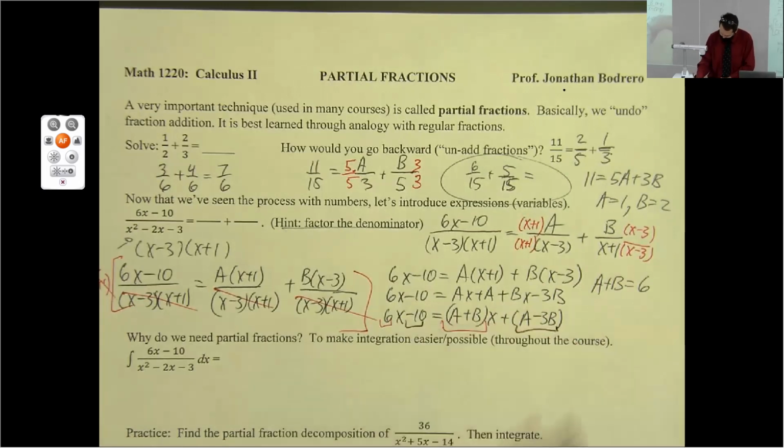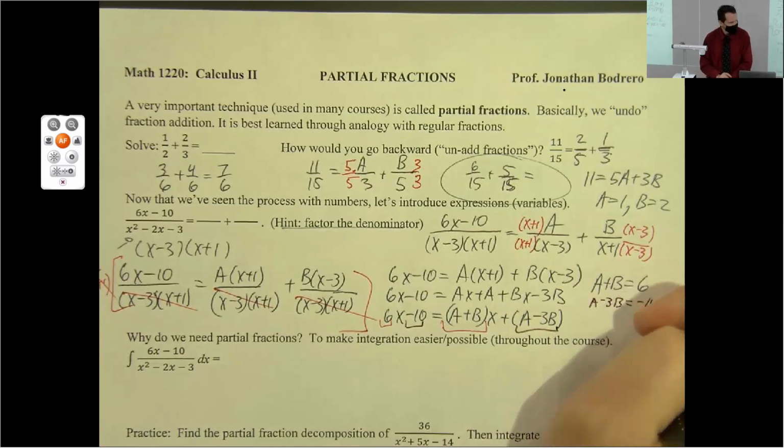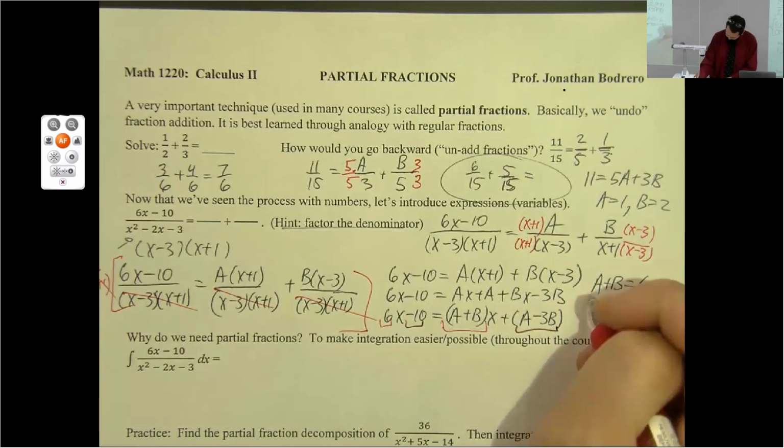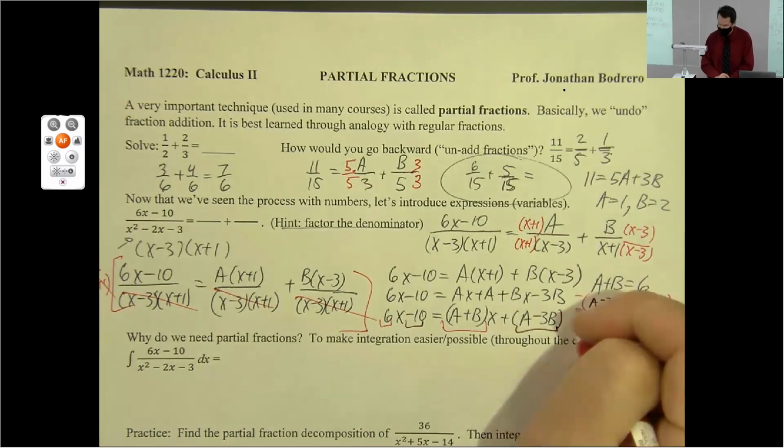So a minus 3b is, well, it's -10. All right. So we can solve that in a variety of ways. We could use a matrix from Math 1050, but this is simple enough that maybe I could just use some elimination.